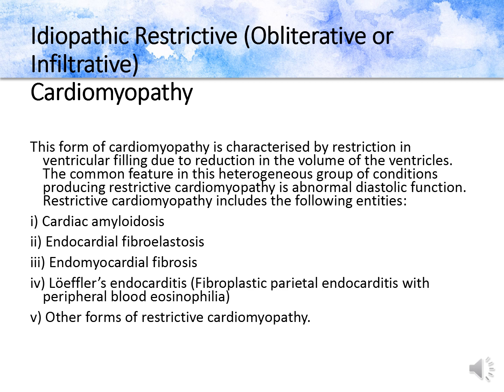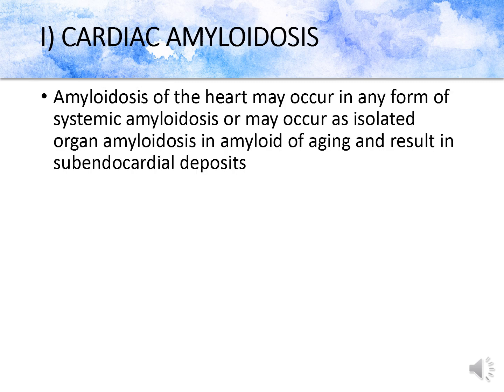endocardial fibroelastosis, endomyocardial fibrosis, Loeffler endocarditis or fibroplastic parietal endocarditis with peripheral blood eosinophilia, and also other forms of restrictive cardiomyopathies included in this. Let's start with cardiac amyloidosis.